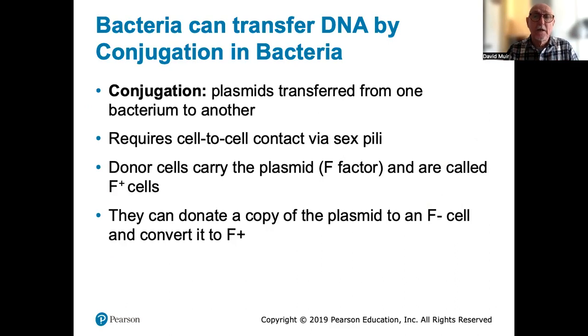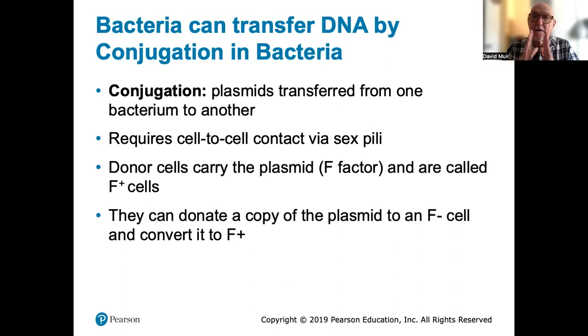But there is another, and this is by conjugation. And in conjugation, plasmids are actually actively transferred from one bacterium to another in proximity to one another. They actually have to be in physical contact. And that contact is established by the production of a special tubular structure called the sex pilus.